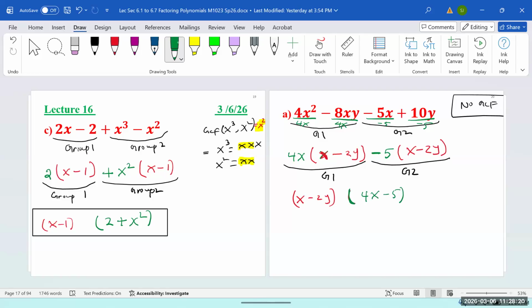Can you factor anything from x minus 2y? Can you factor anything from 4x minus 5? So what do you do? We box our answer. This is the final step. We cannot go any further. That's it. So sometimes our life is very easy. Sometimes our life is a little bit complicated, like the first example. Any question?